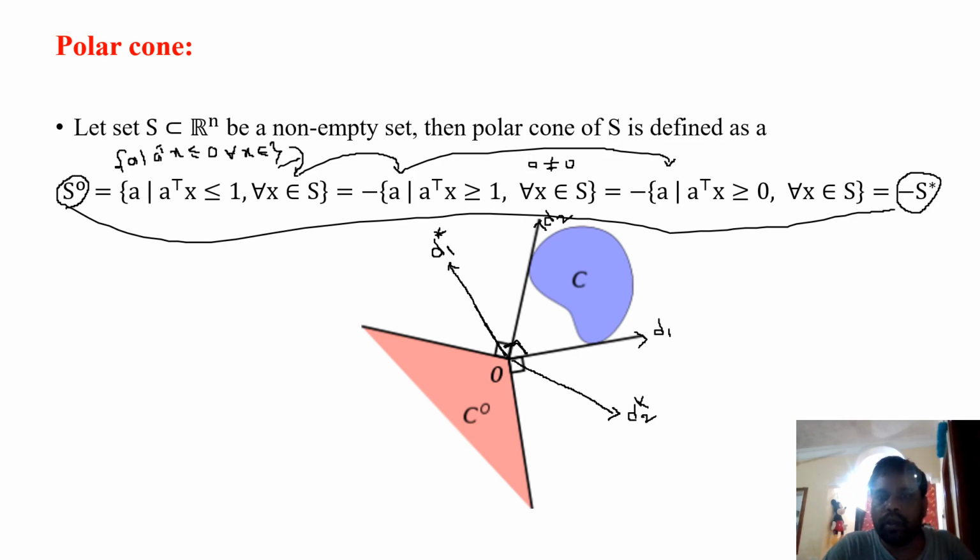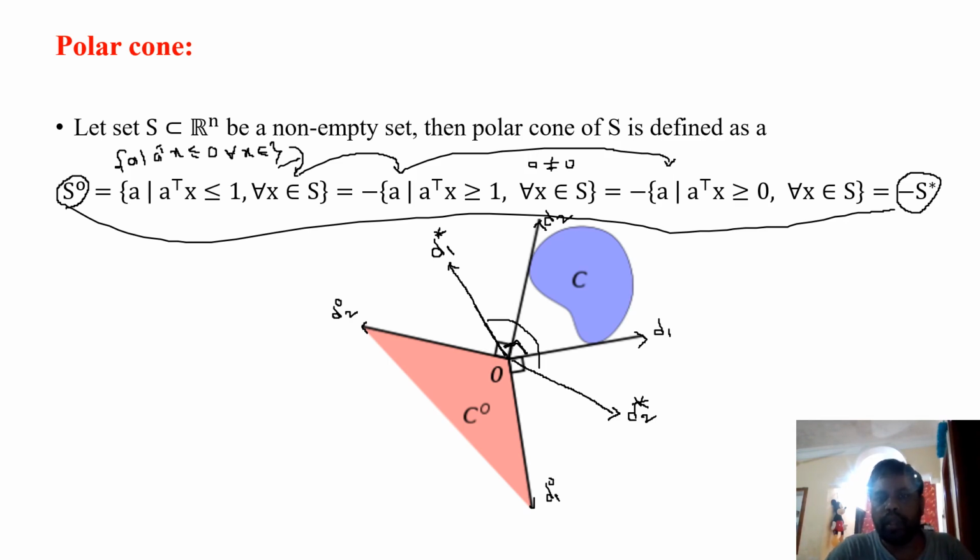Now this is for the dual cone. In order to get the polar cone, you find the direction perpendicular to d2 in the opposite direction. This one is perpendicular to d2, so we give it the name d2 naught. This one is perpendicular to d1, we are calling it d1 naught.